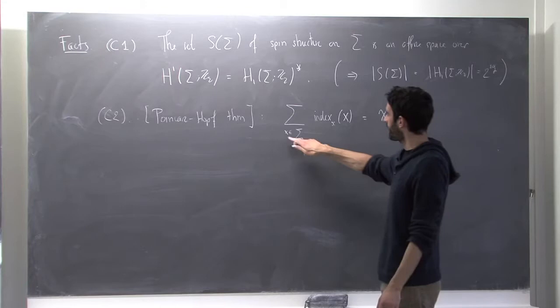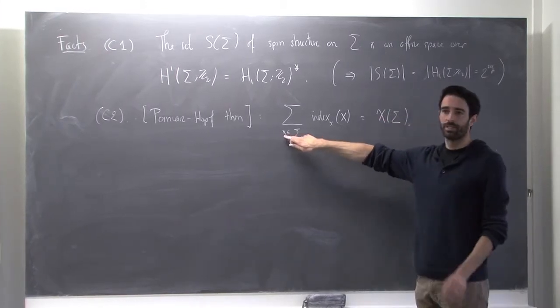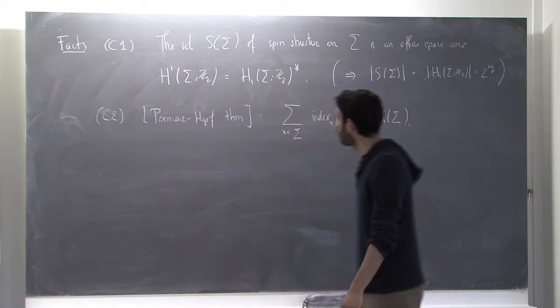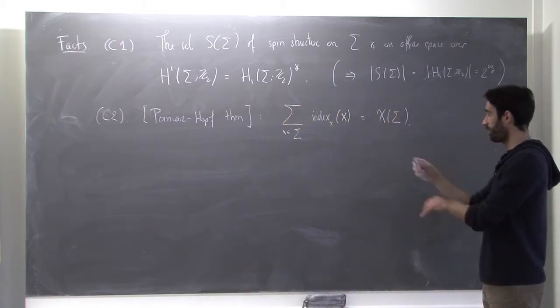Yeah. So again, here I'm summing over all points in the surface, but really what I'm doing is summing over all the zeros of the vector field. This is a very nice theorem.